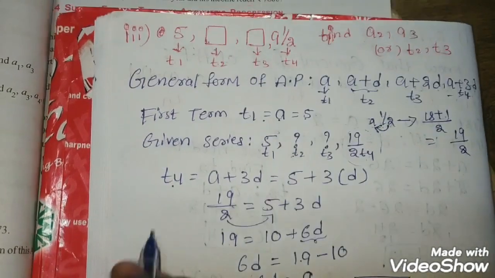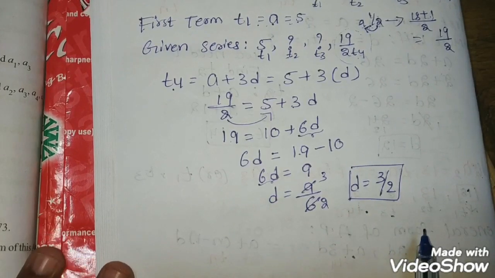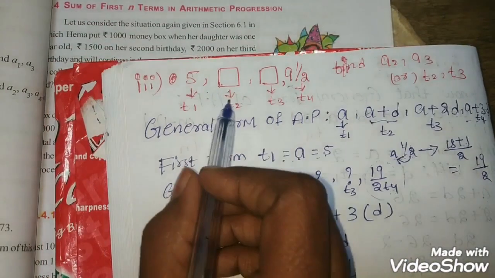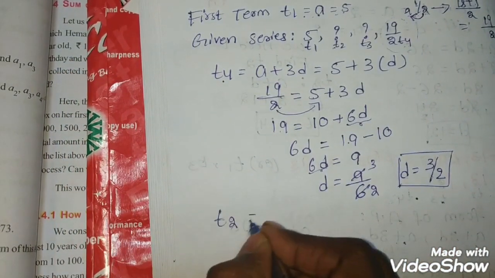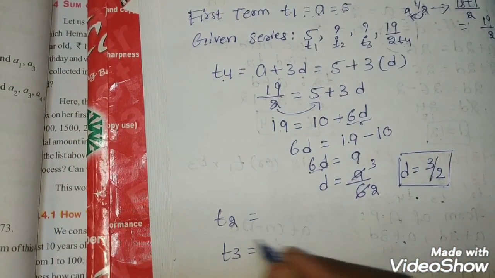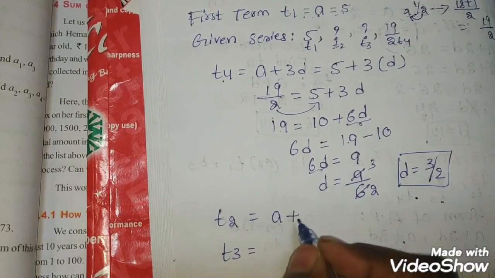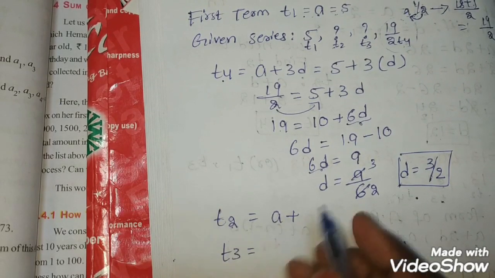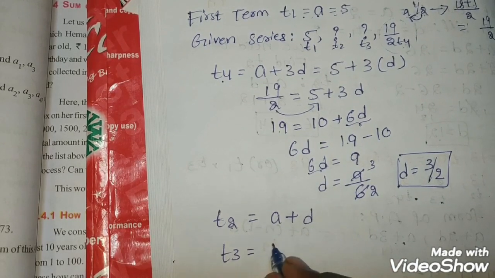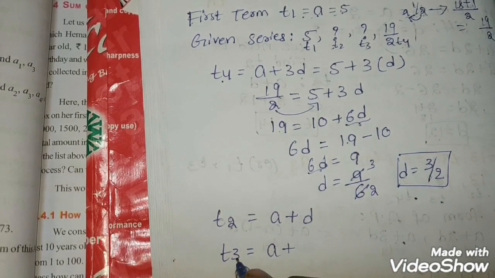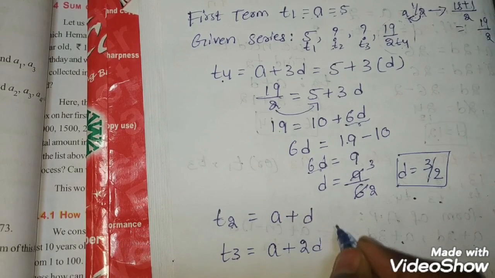And now already we know the first term, that is 5, and the common difference d is 3 by 2. Now it is simple, we need to find term 2 and term 3. What is the term 2 formula? A plus the preceding number of this 2, which is 1d, and for term 3, A plus the preceding number of this 3, which is 2d.